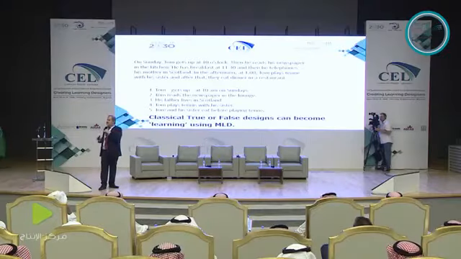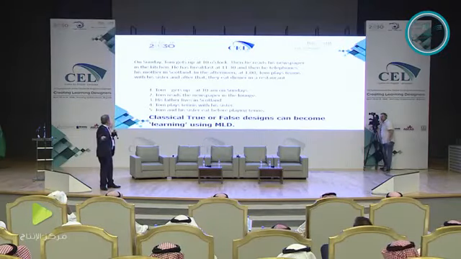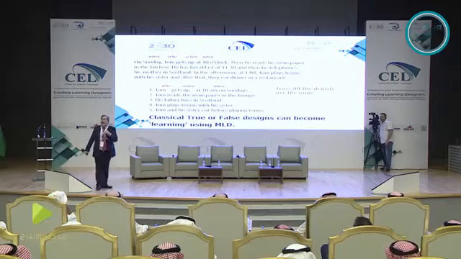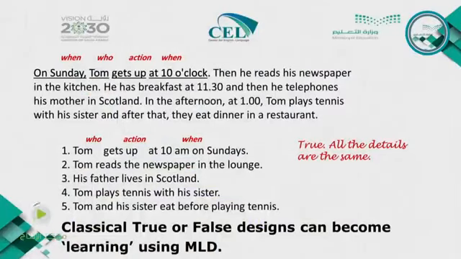What we are going to ask the students to do is to show us how they are getting the answer. So if you read the text, you find the details, then you go to the sentence, you find the details. If the details in the sentence are the same as all the details in the text, true. If one detail is different, false.